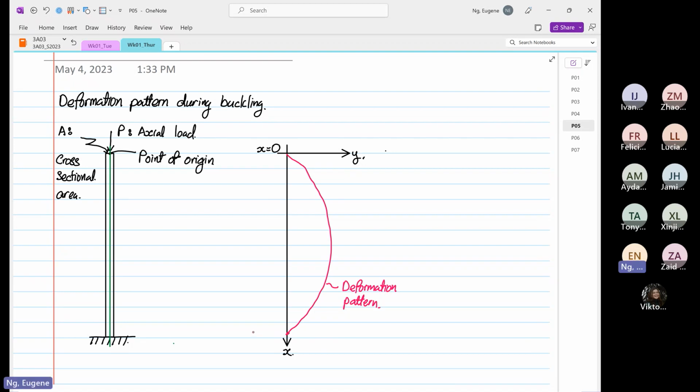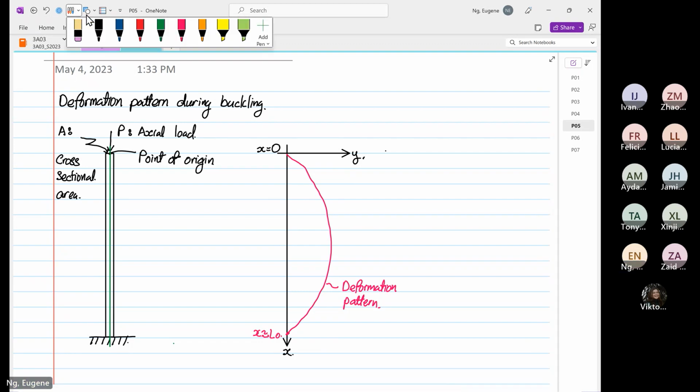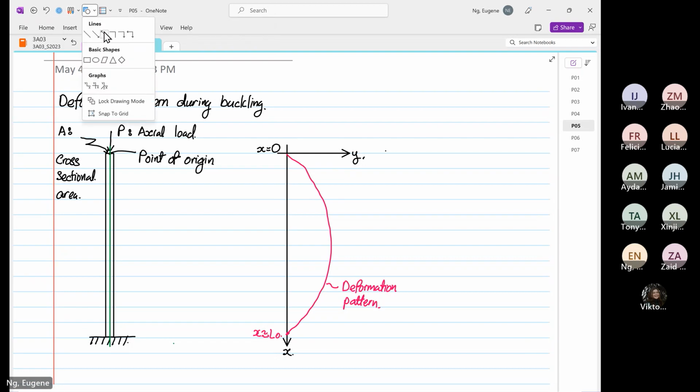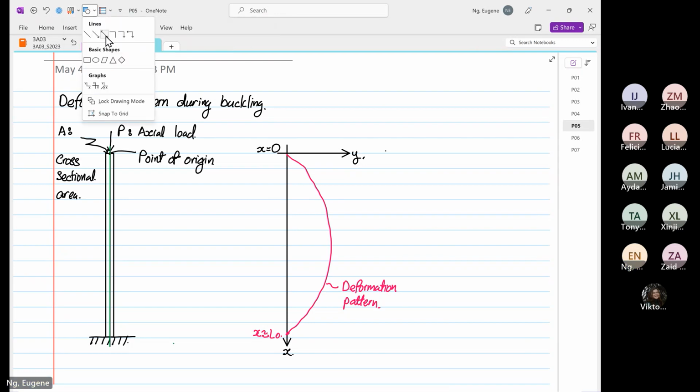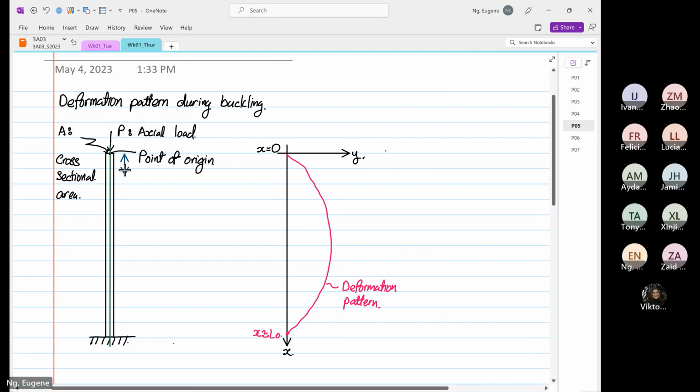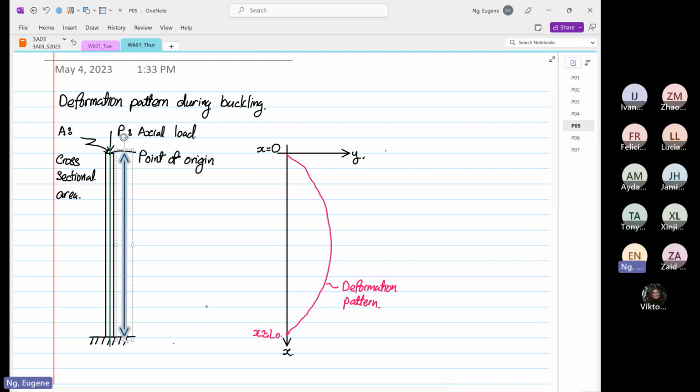Down here, x is approximately equal to L naught. And L naught is this distance over here. I highlight this is approximately equal to L naught.